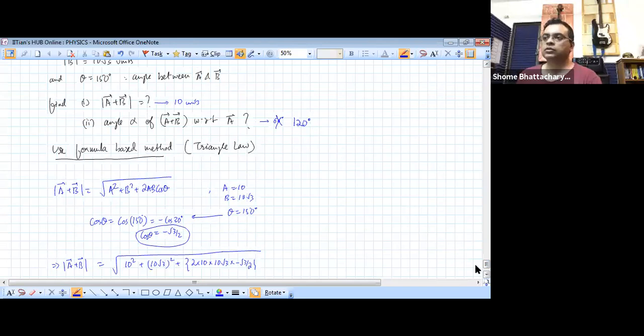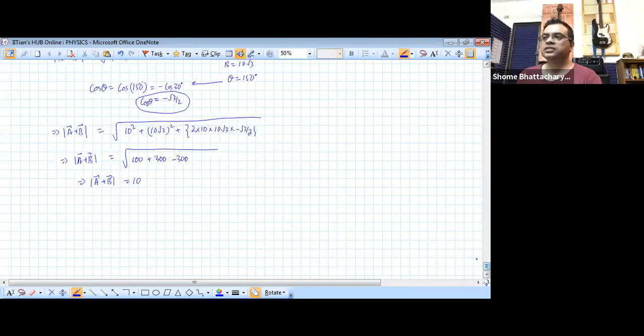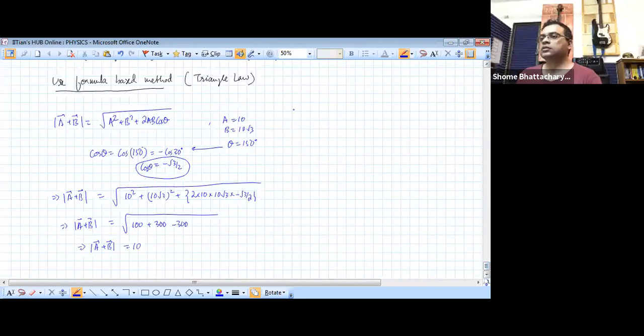So when you substitute in the second formula, tan alpha is b sine theta upon a plus b cos theta. So from this you can also see that sine theta will be sine 150, which is equal to positive of sine 30. We just saw that's equal to half.